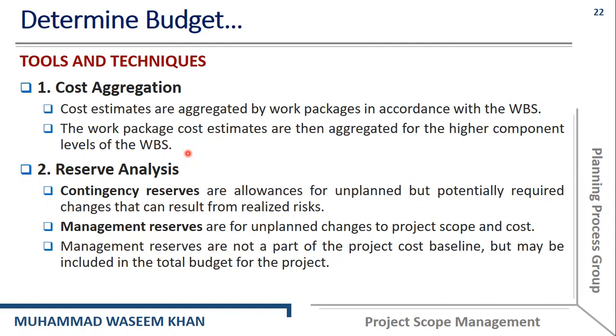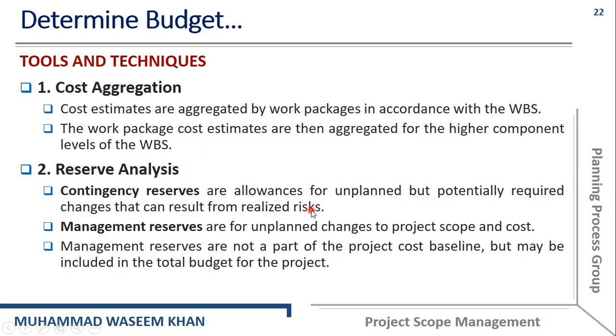We can have the reserve analysis as well, and you know that we have two reserves that we actually focus on in our project. The first one is contingency reserve, and these are reserves for unplanned but potentially required changes that can result from realized risk.